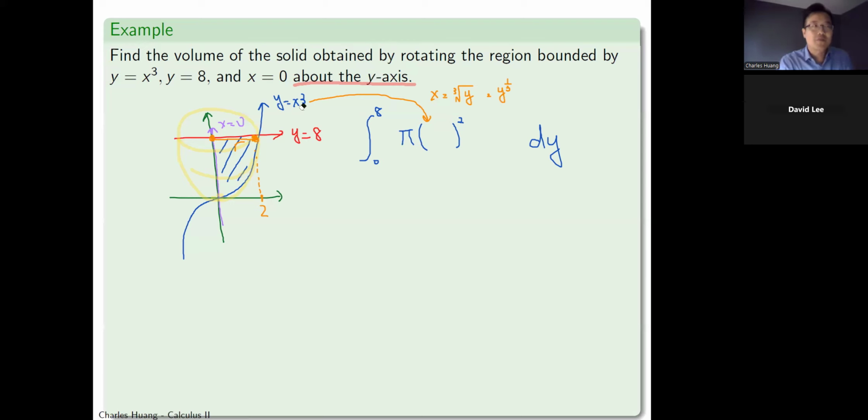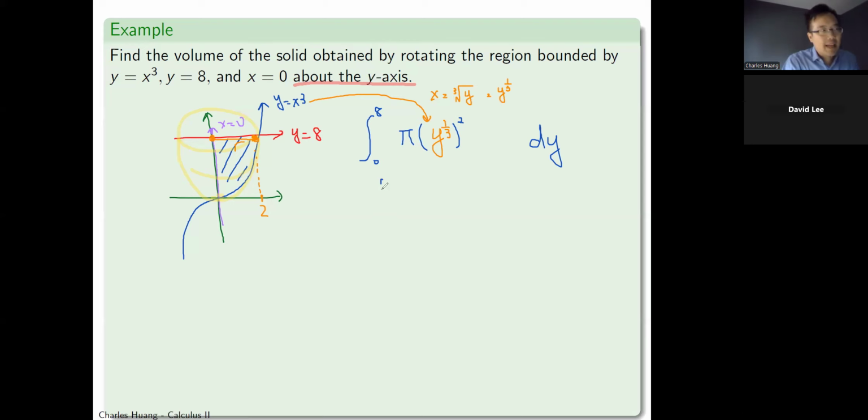So I need to solve for x for my blue line. The blue line has the x value of y to the power of 1/3, and we're going to put that in. So that's the tricky part. Don't just take your function and stick in whatever is inside. Look at whether you need the x value or the y value. In this case, I need the x value because my radius is going sideways.